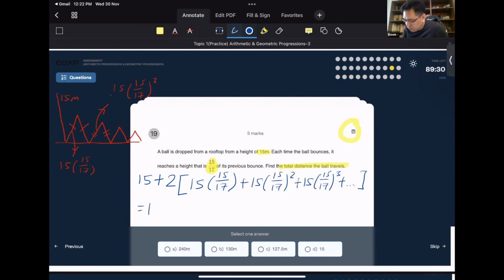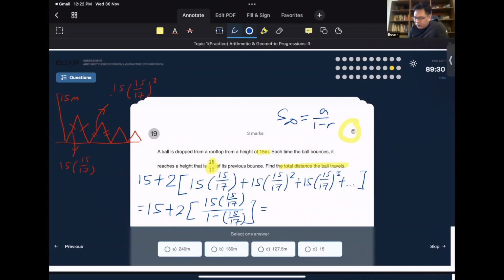So this will be equal to 15 plus twice the sum to infinity, which is given by a over 1 minus r. So the first term is 15 times 15 over 17, over 1 minus the common ratio 15 over 17. Okay, so this is a calculator paper. We can plug the values in.